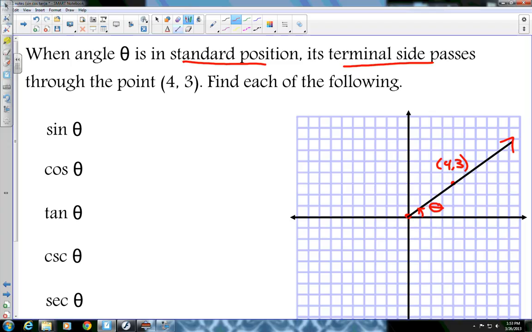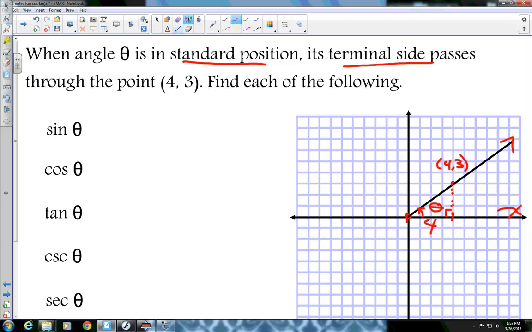Kyle, open your eyes. What I'm going to do is create a right triangle. On that right triangle, what is the length of the side along the x-axis? 4.